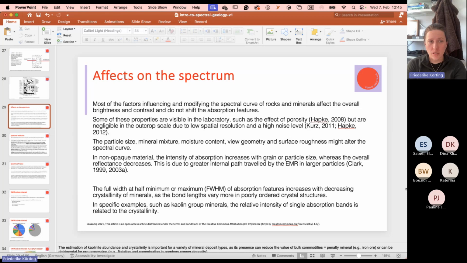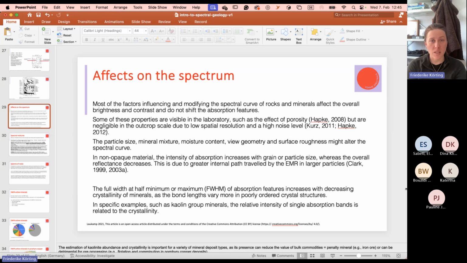We have moisture content, as I showed you before: the H2O molecule or even the hydroxyl at 1,400 and 1,900 will have an effect on the overall spectrum if we have a moist surface or water saturated samples.